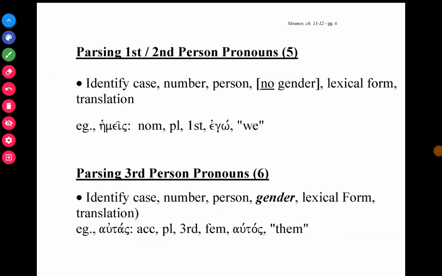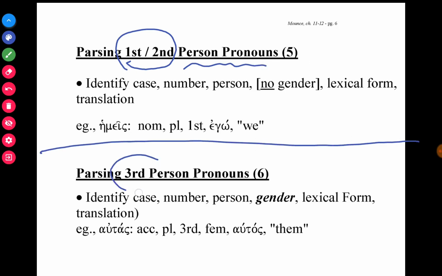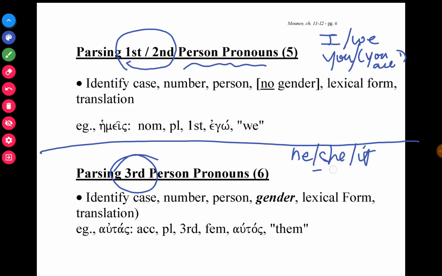Now let's go over the nuts and bolts of parsing. And it's important to remember that the first and second person personal pronouns have a different parsing scheme than the third person pronouns. So when it comes to pronouns like I or we, the first person, or you all for the second person, these pronouns have a slightly different parsing scheme than the third person pronouns he, she, it, and they.